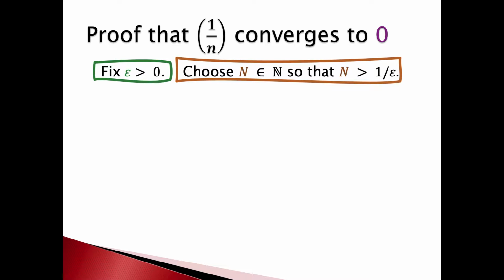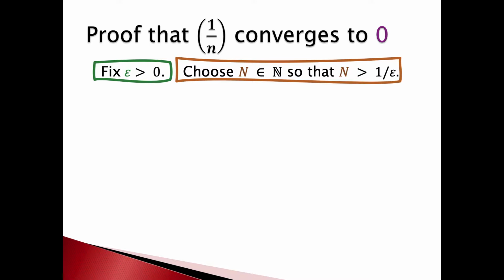This is typically how people will word these sorts of things, but I'm dancing around one issue here. Suppose that epsilon were some weird decimal number, then 1 over epsilon will be some strange decimal number like 7.39462, and I need my capital N to be an index, right? A positive integer, because that tells me how far I can go in my sequence before I enter that green epsilon band and stay in there forever.